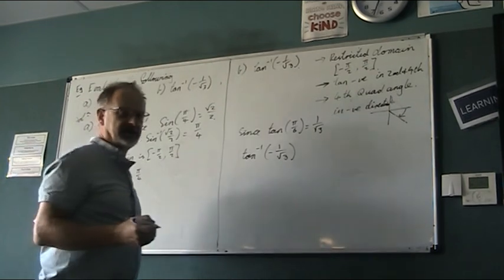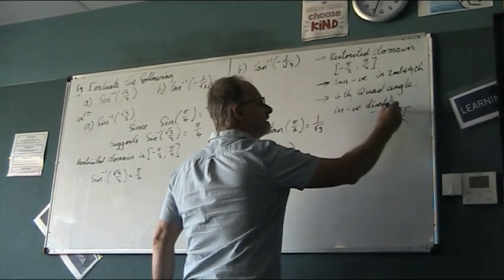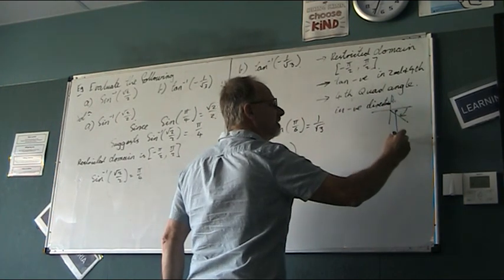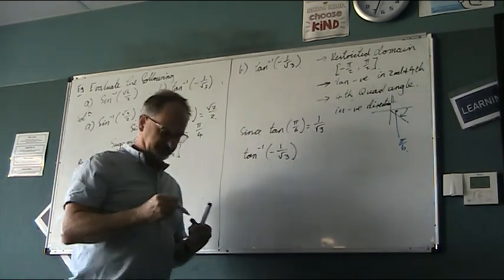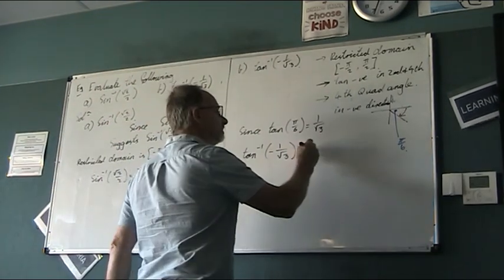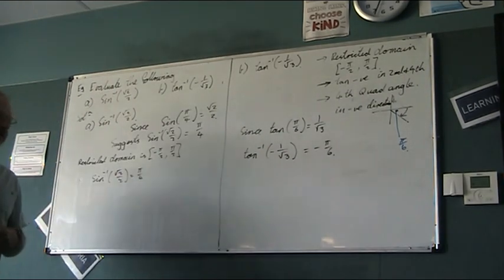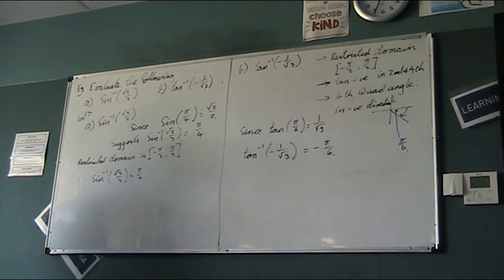Pi on 6 is our reference angle, so that means in this case this angle in here is pi on 6, and we're going in a negative direction. So the answer there is negative pi on 6.